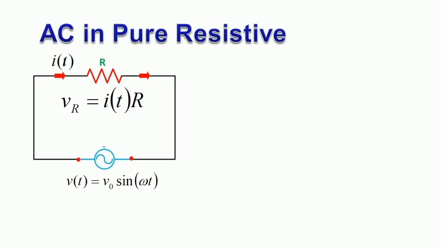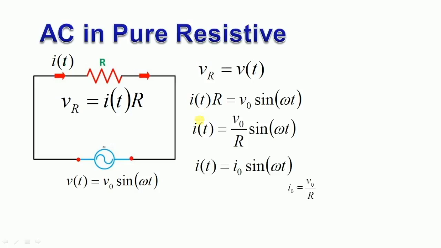What way it will be a function of time, that we are trying to find out in this discussion. So voltage across resistance is obviously equal to the voltage that we have applied, and by Ohm's law on left hand side we can write I of t into R equal to V0 sine omega t, and here you can unfold I of t. So I of t is equal to V0 upon R sine omega t.